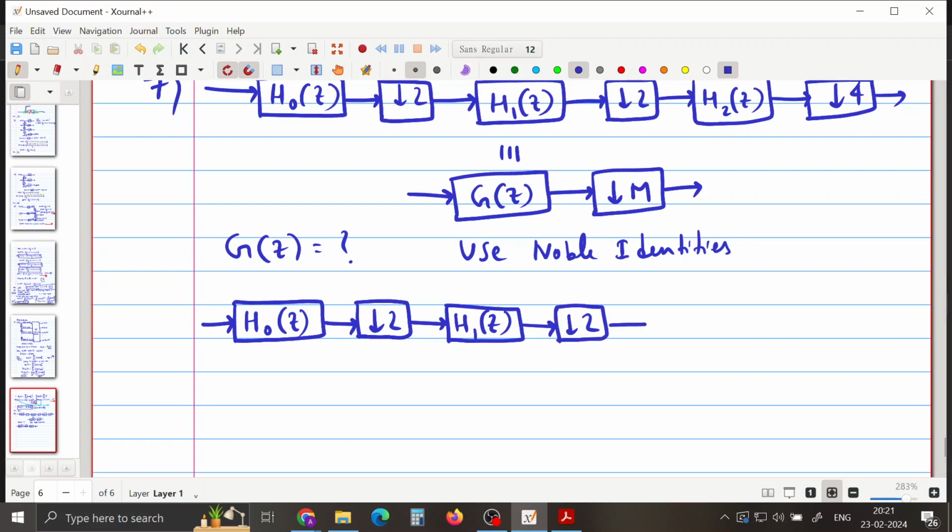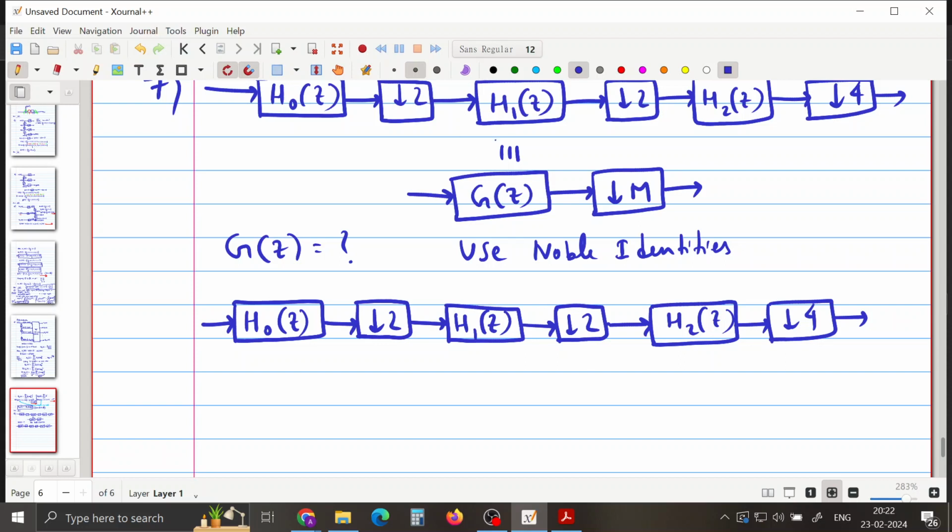So this is H0, H1, H2, and finally the downsampler. Okay, that's it. Now we will simplify this to convert it to the simplified form.